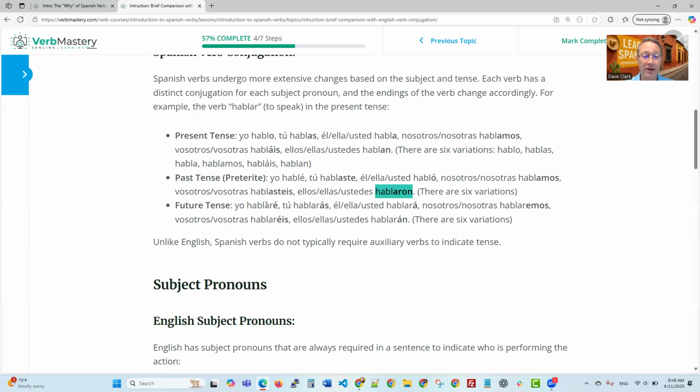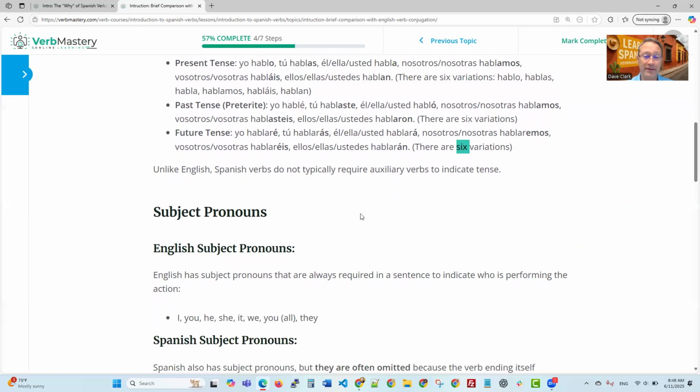Future tense. Yo hablaré, tú hablarás, él, ella, o usted hablará, nosotros o nosotras hablaremos, vosotros o vosotras hablaréis, ellos, ellas, and ustedes hablarán. Again, there are 6 variations. 6 variations in present tense, 6 variations in past tense, the preterite, and 6 variations in future tense.